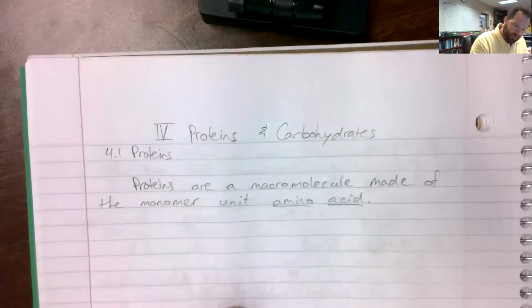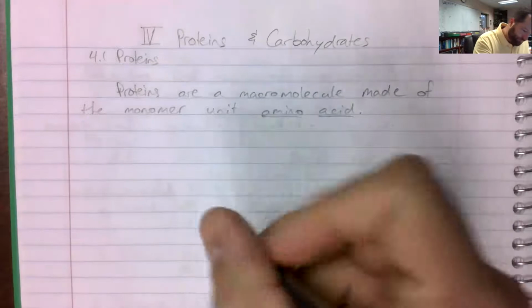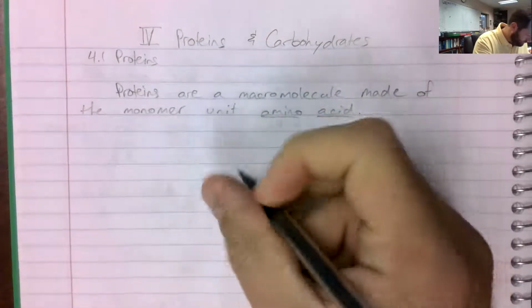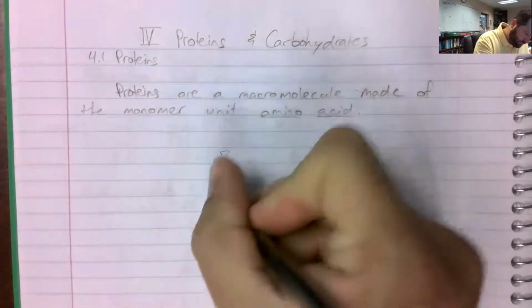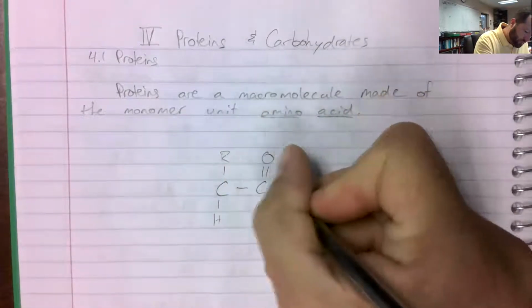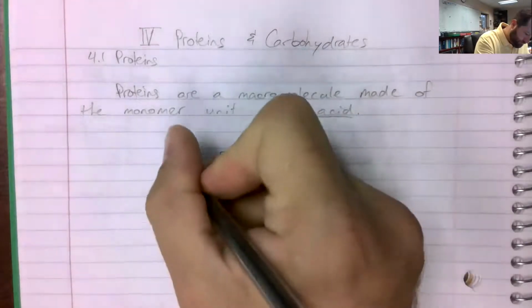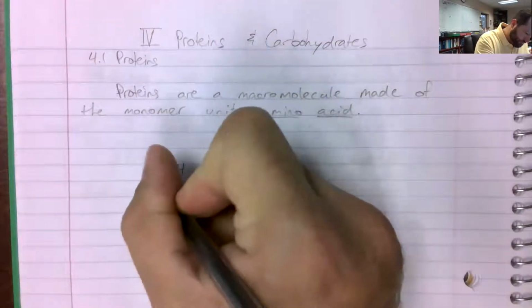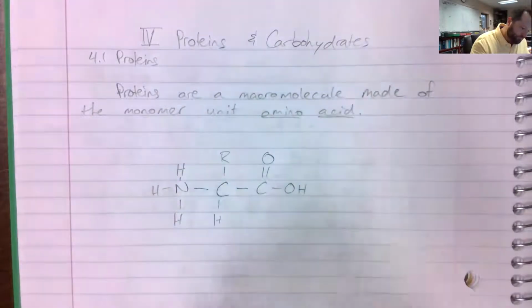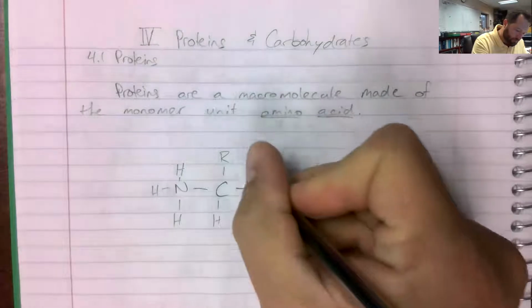So I'm going to skip a couple lines here. Go down just a little bit to draw an amino acid. So all amino acids have this basic shape here. Where some of this hopefully looks familiar to you.